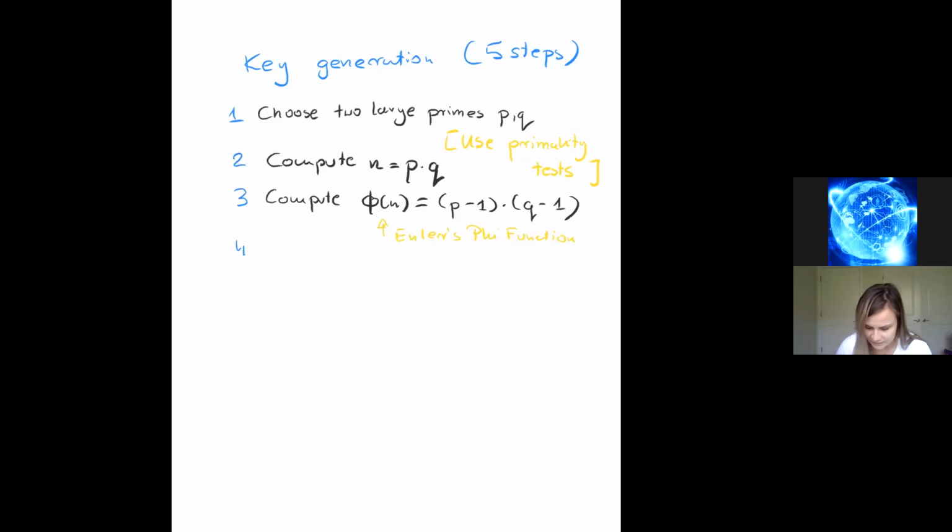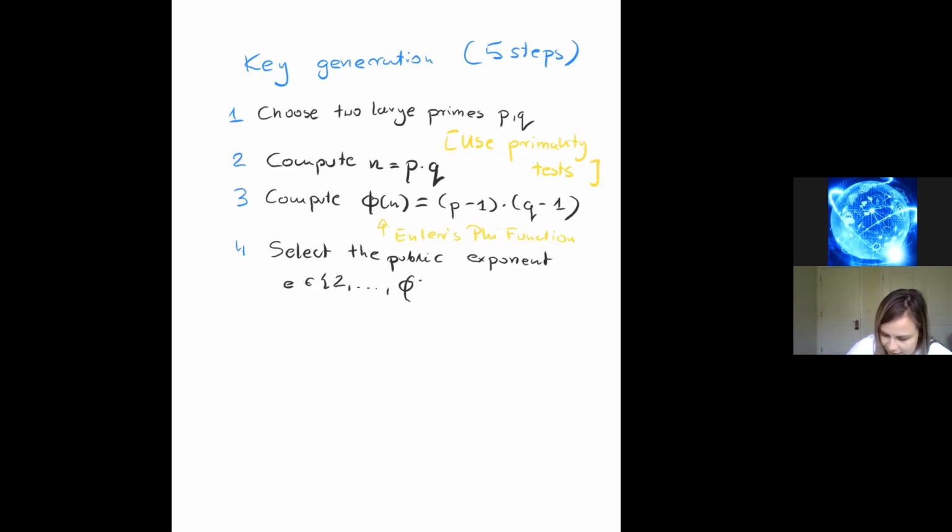Okay, so let's say that we will select the public exponent. This has to be a number between 2 and the value phi of n minus 1.